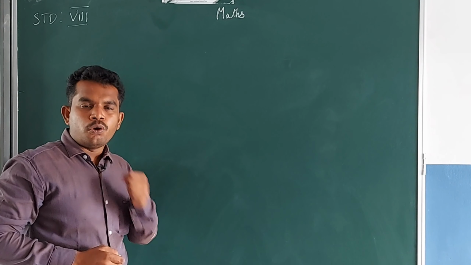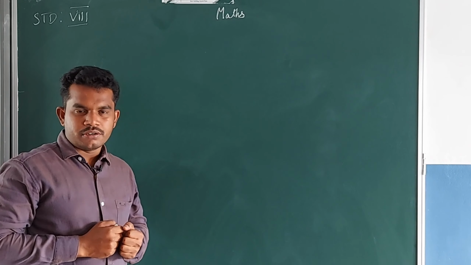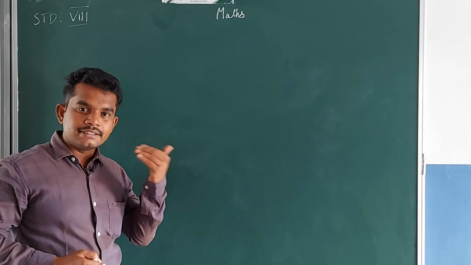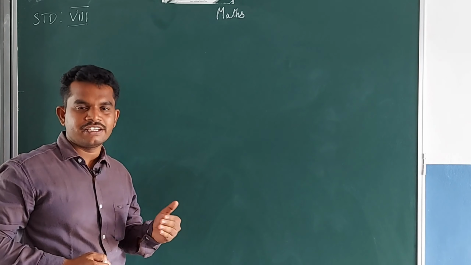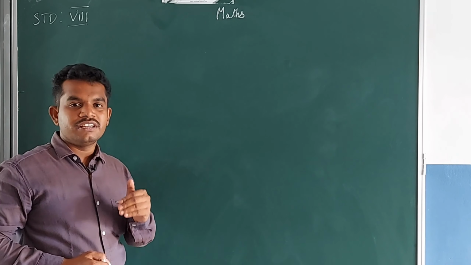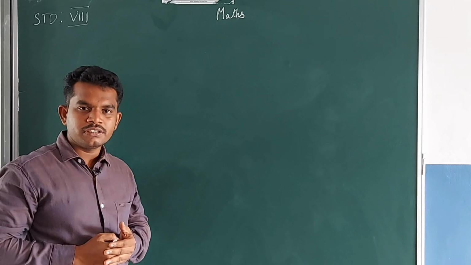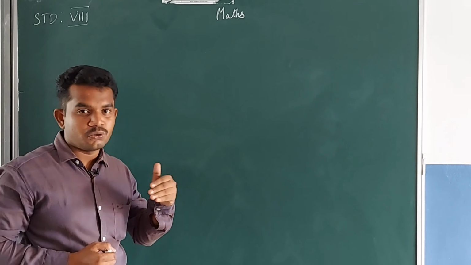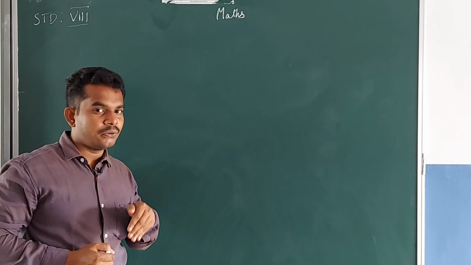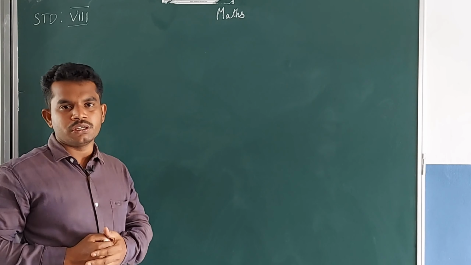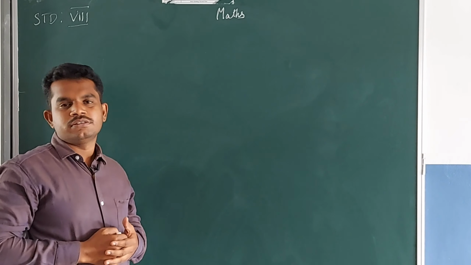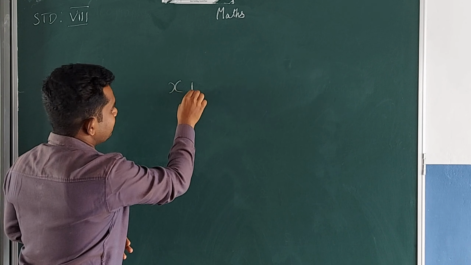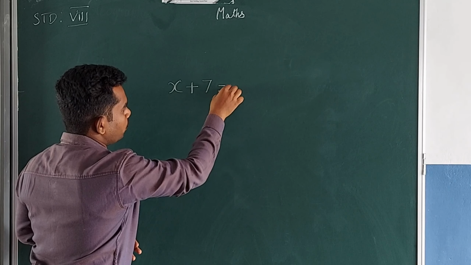Okay. What is a linear equation? You already learnt equations in the previous class, 7th standard. Last class we saw the quadratic polynomial; in this class we are going to discuss the linear equation. What is a linear equation? X plus 7 equal to 10.